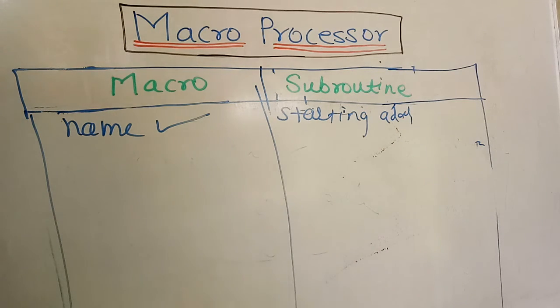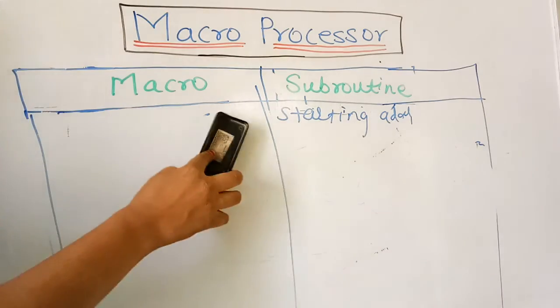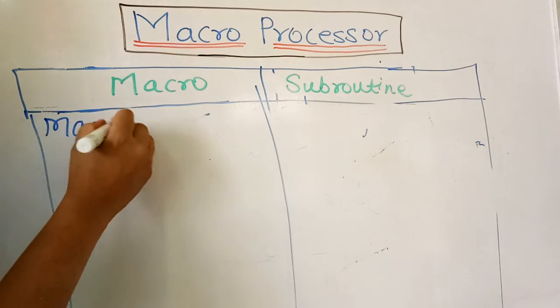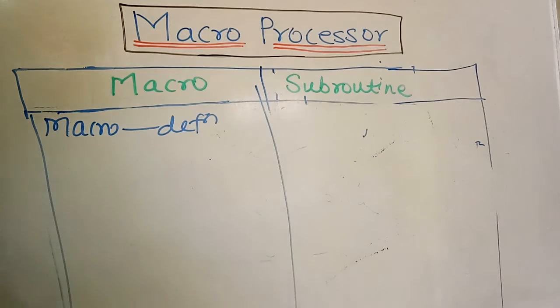At the time of execution of the macro, each and every macro call is replaced with its macro definition. We all know that macros are replaced with their definition. In terms of a subroutine, at the time of execution, execution control is transferred to the subroutine, and after execution of the subroutine, it returns to the main program and executes the remaining instructions.